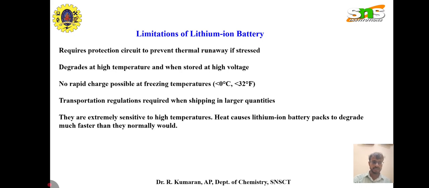That's why these are some of the important setbacks for lithium-ion battery applications. Scientists are regularly working day and night to resolve these issues. That's why research is still going very fast on lithium-ion batteries to overcome these challenges.